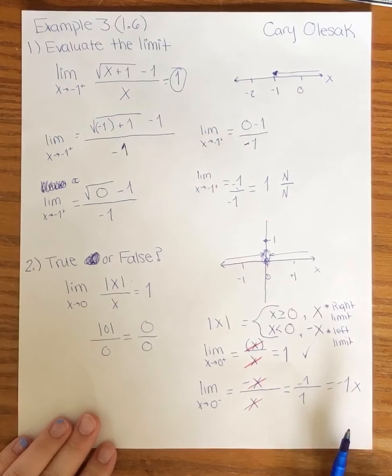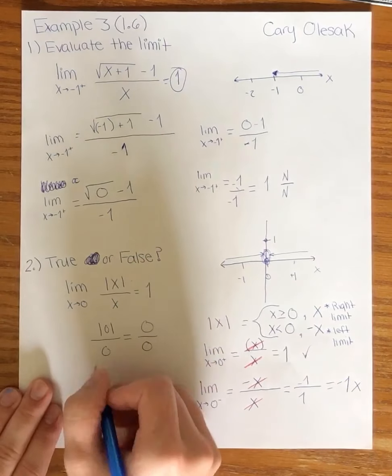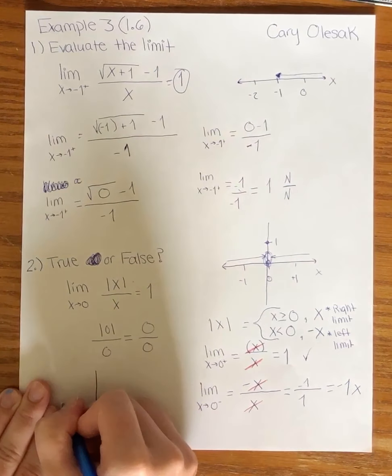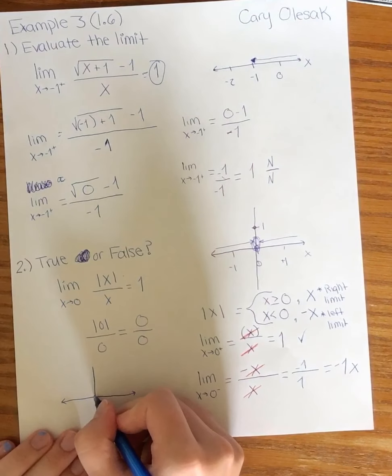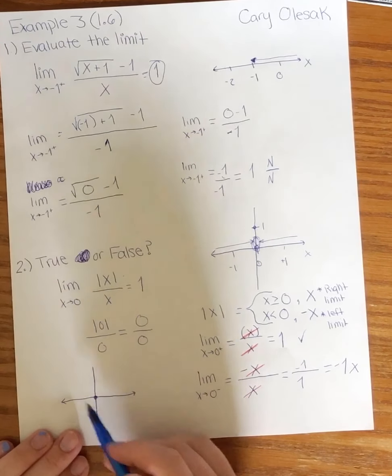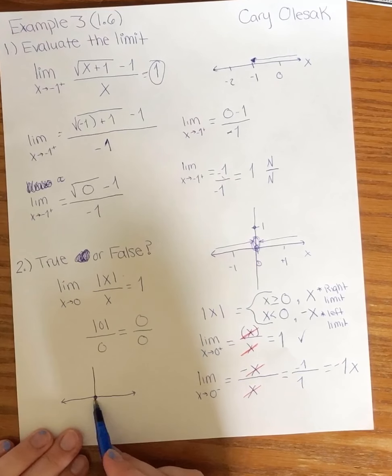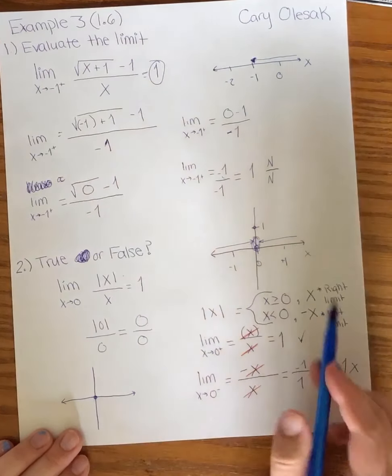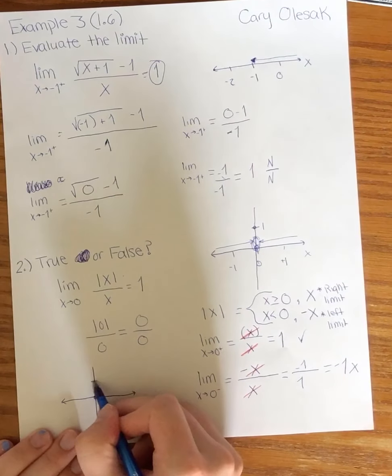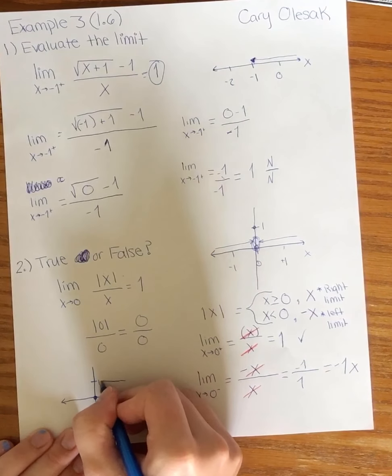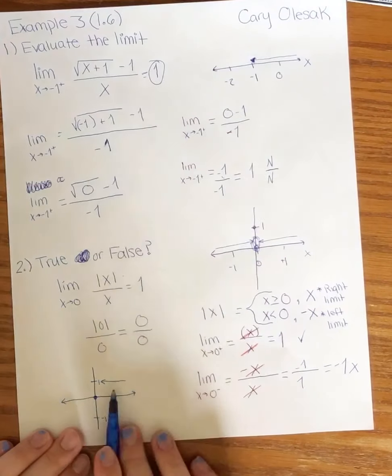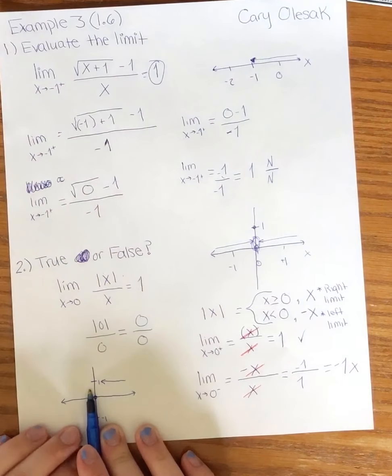So that tells me that the function, I'll draw a little picture of what the function is doing. So we're at 0 right here. We want to know the x value 0, what is the function doing there. For the right-hand limit, this is 1 and this is negative 1, so the function is heading towards the 1.